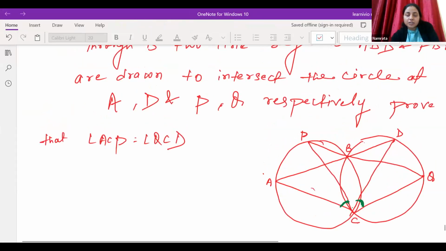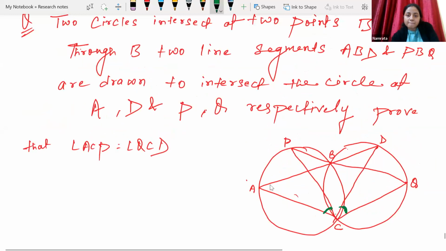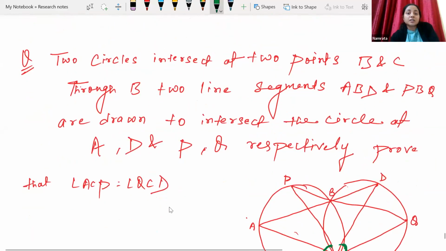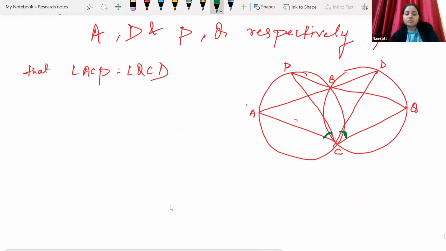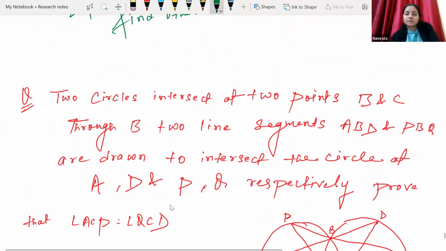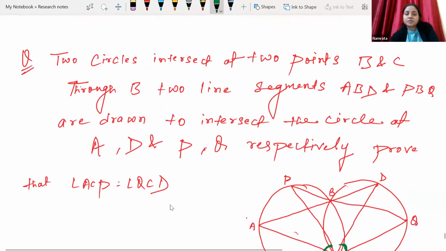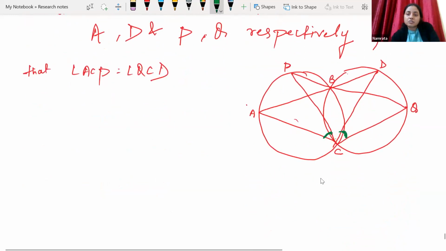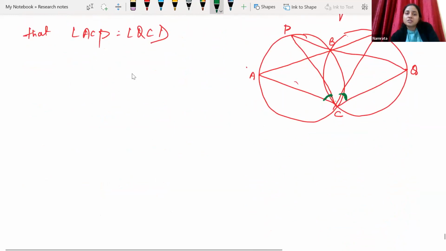So any idea what can be done over here? This is the figure we are having, a very random figure as you can see. These two green angles, we have to show these two are equal. Do we have any other information? No, we don't. Just a line segment and everything is mentioned. This is intersecting that. That is also mentioned in the figure itself. So we just have to focus on the figure and prove this one, the rectangular box one.